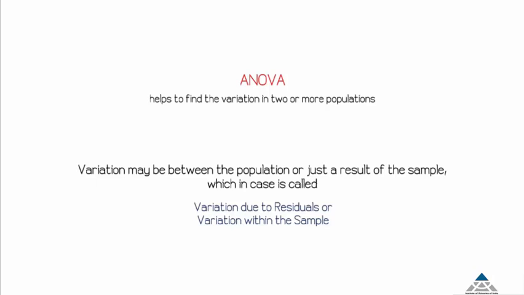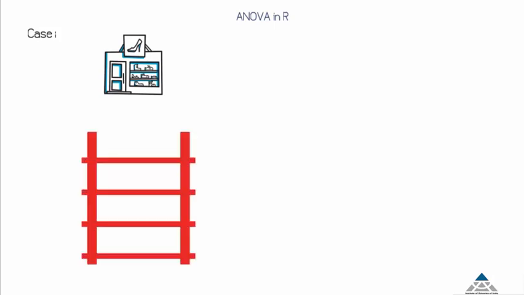The case we will take here, while trying to look at applying our knowledge of ANOVA in R, is that of a shoe shop. The shop displays the shoes in 4 shelves. Now the owner of the shop is interested to see whether the rate of sales from all the shelves is equal or not.